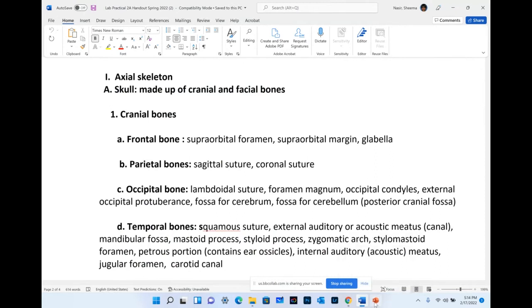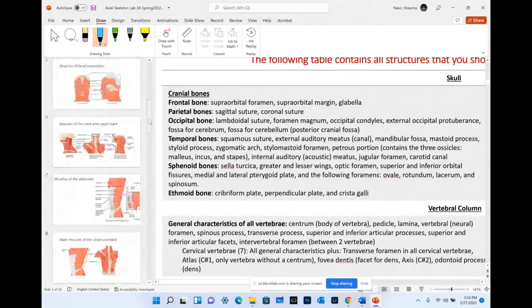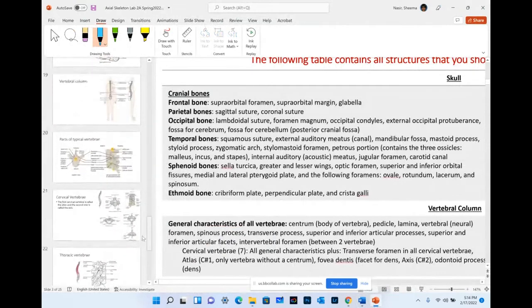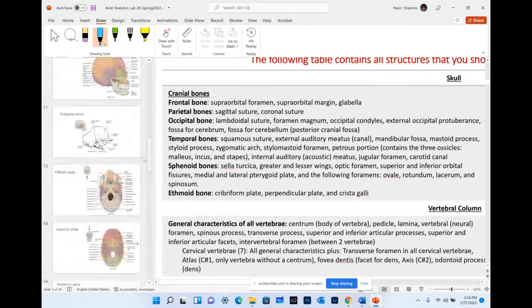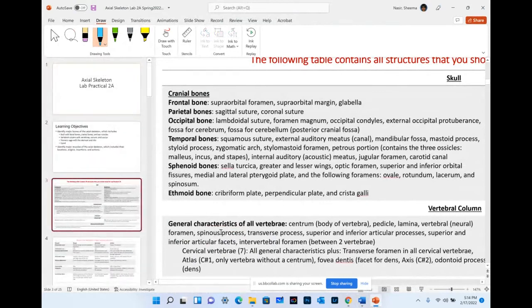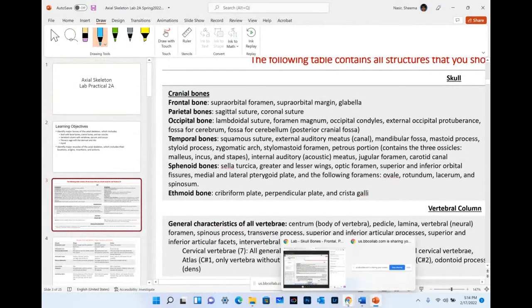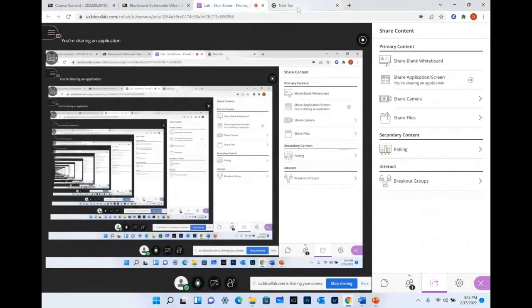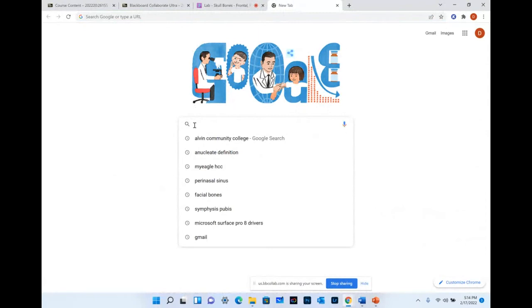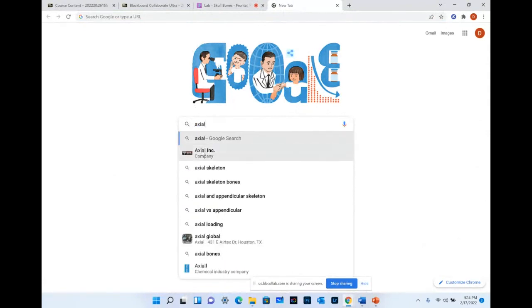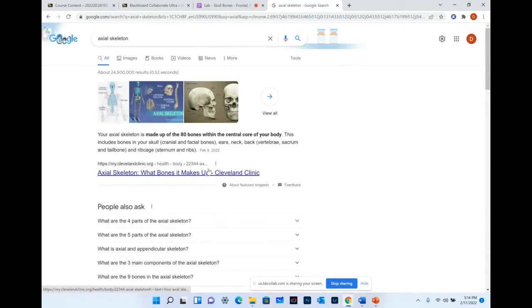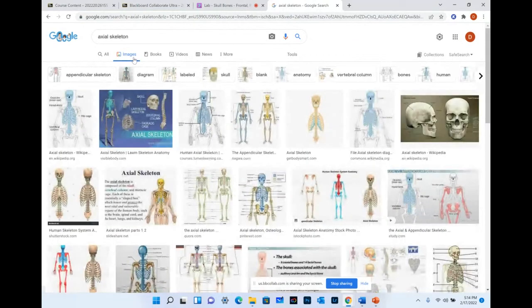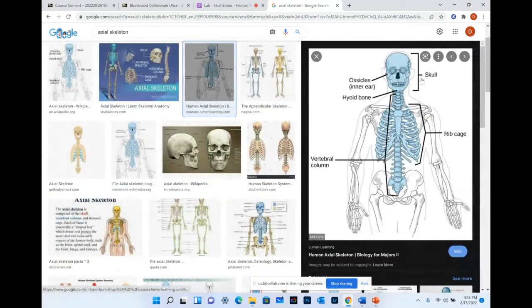Now in the axial skeleton, what is included? So let's look at the skeleton.